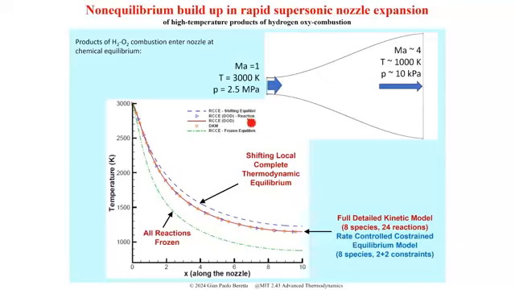If they did, you would follow this blue dashed line. In reality, they follow the red line. That's at least according to the 24 reactions, 8 species detailed chemical scheme.